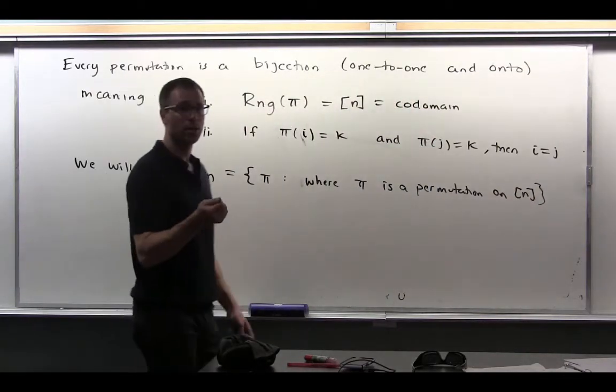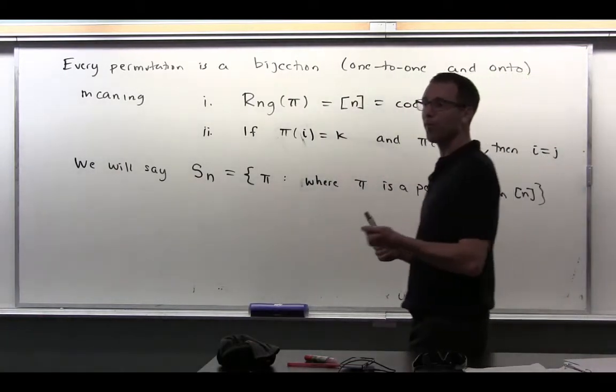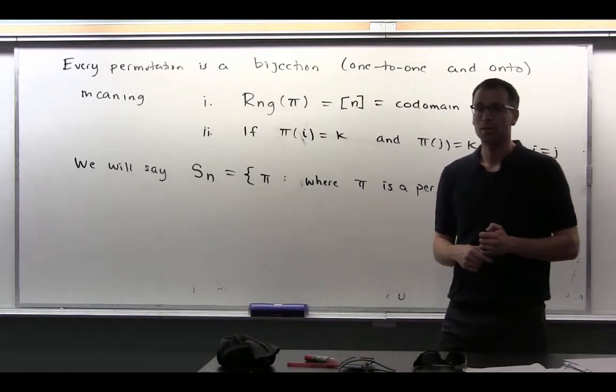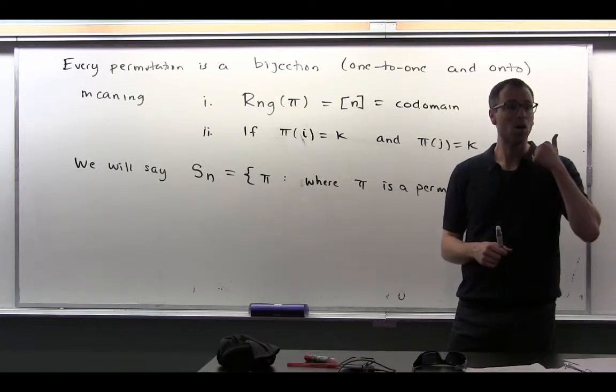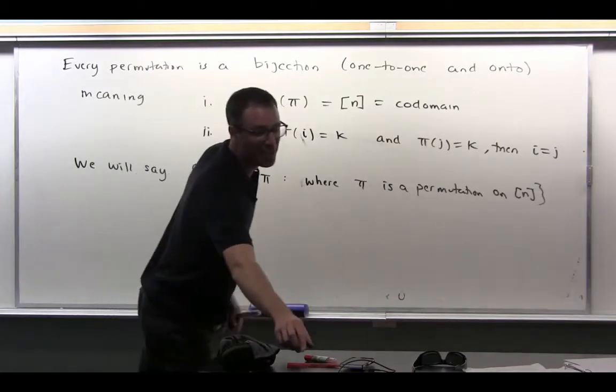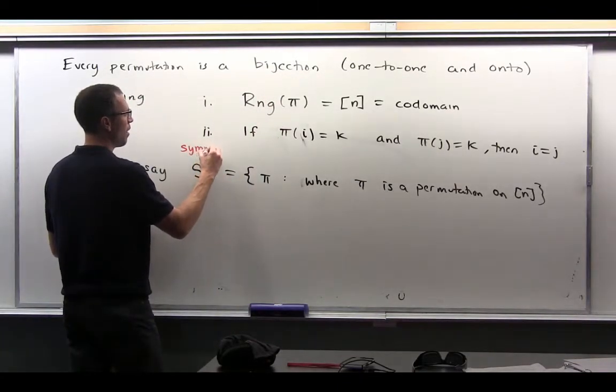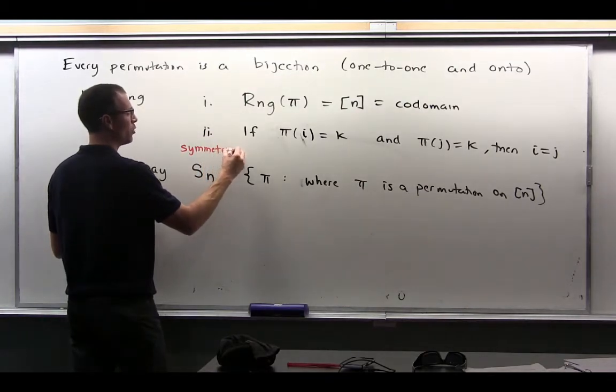What is a permutation? It's a function. What type of function is it? It's 1 to 1 and onto. S sub n, this thing is called the symmetric group on n elements. This comes from abstract algebra.